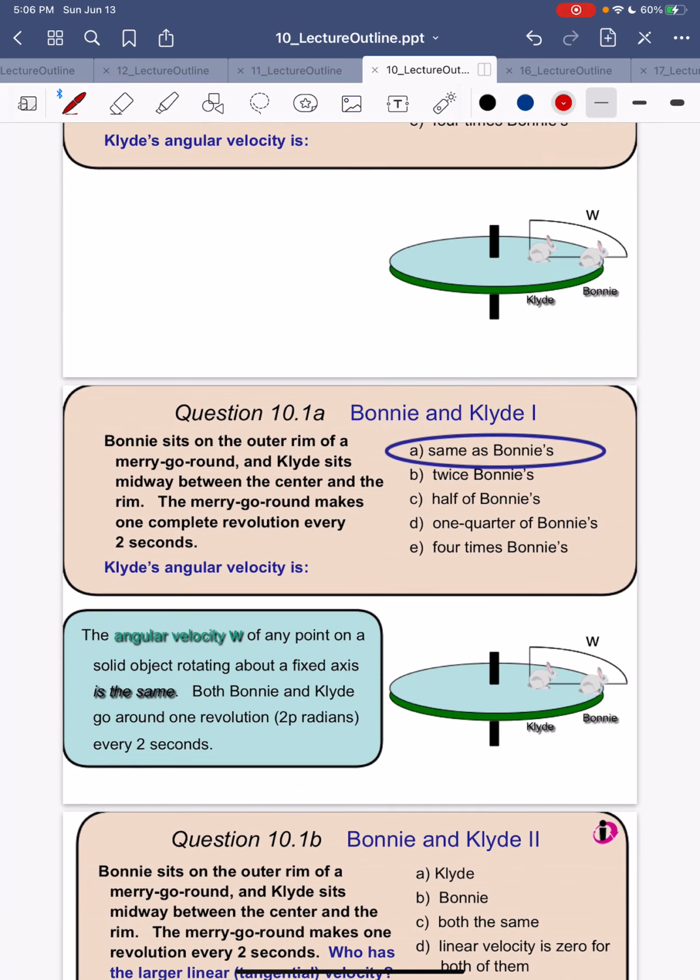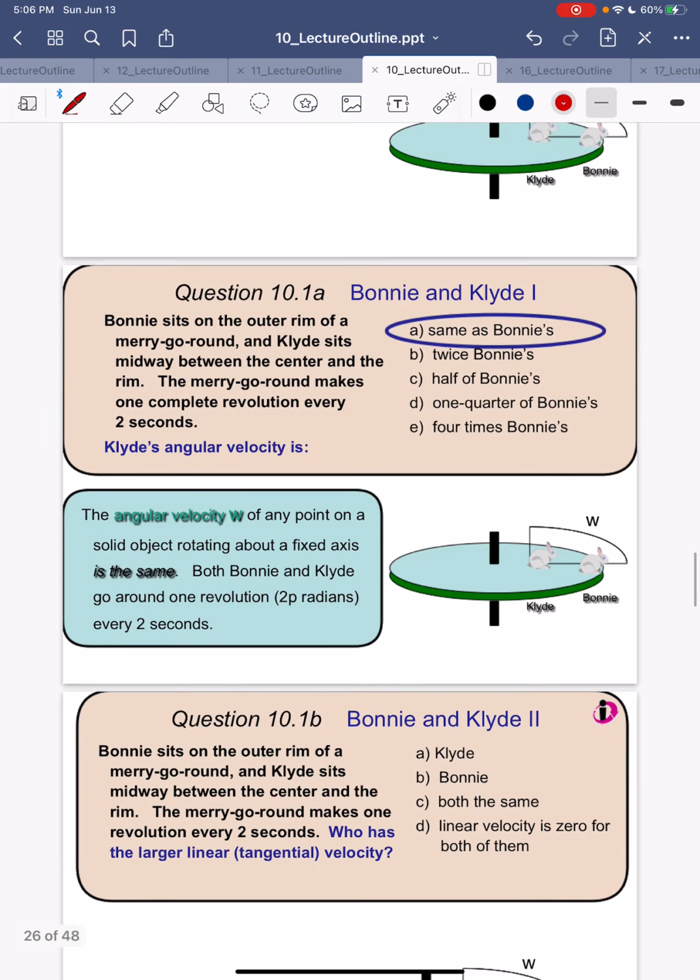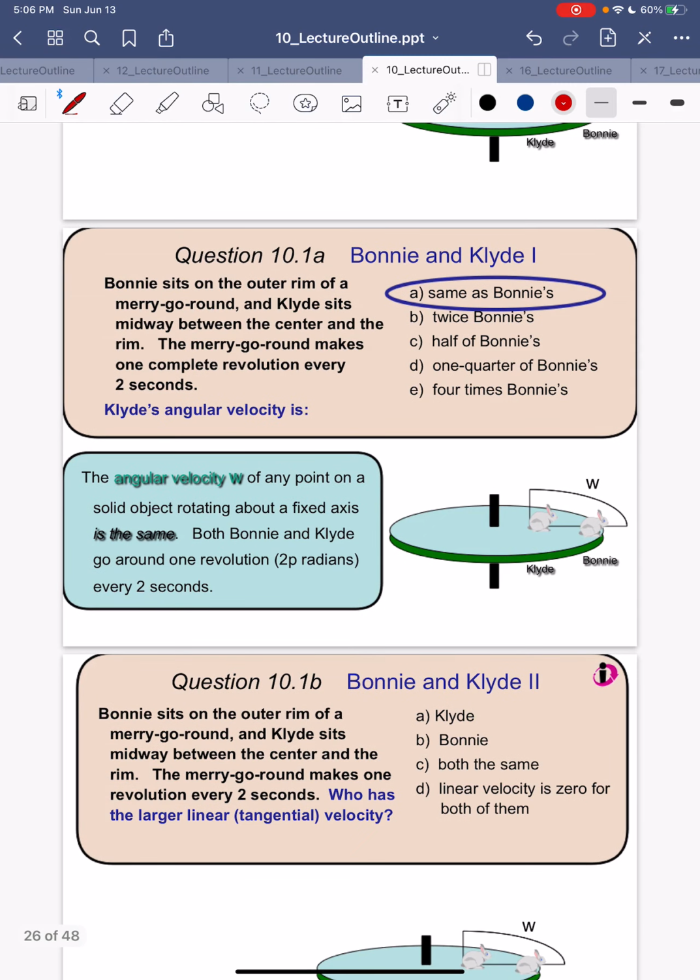second. If I wish to find the tangential, or sometimes we call it the linear velocity, it is V equals omega R. Omega is constant, so when R is short, we are going to have less speed.